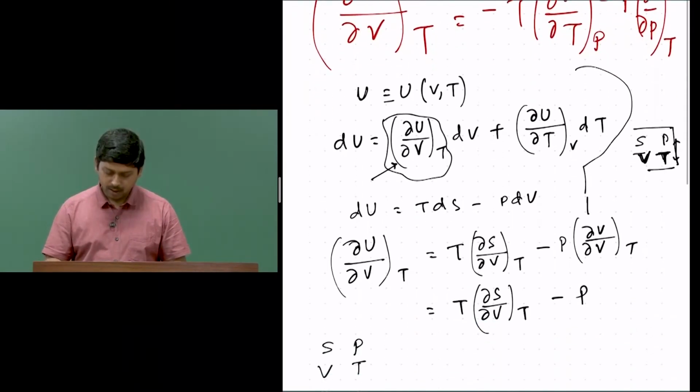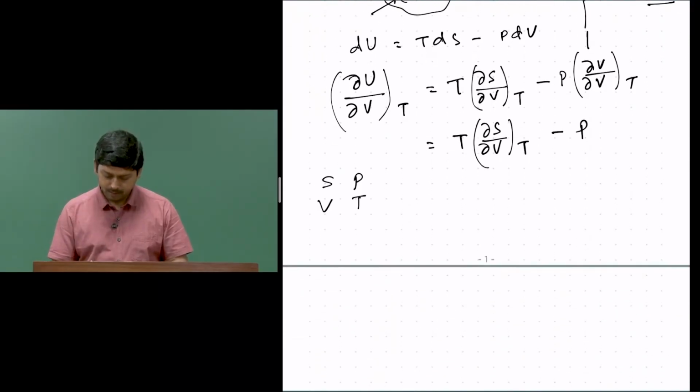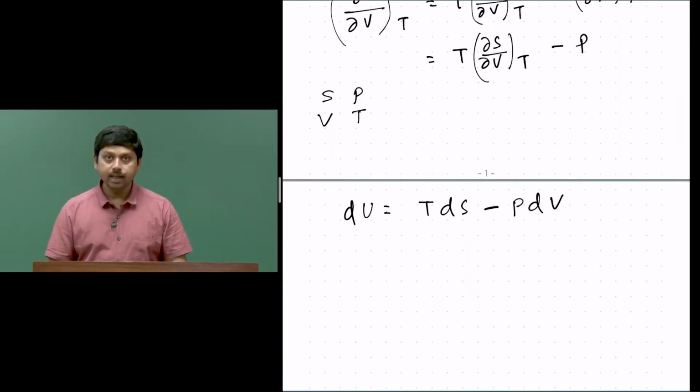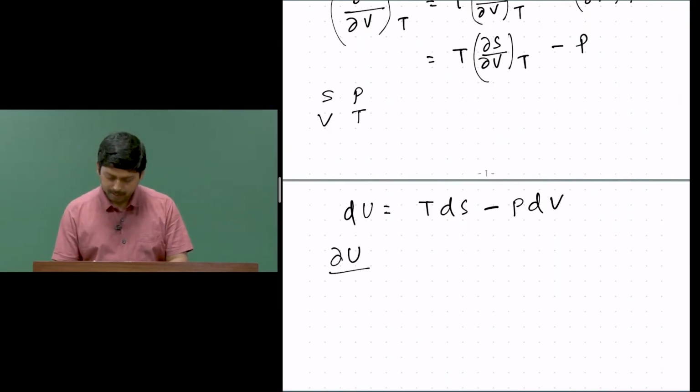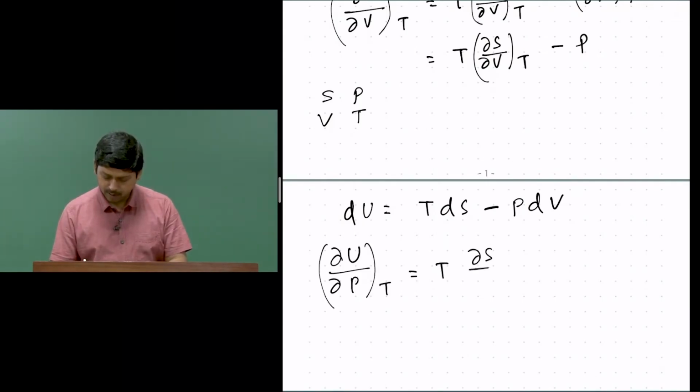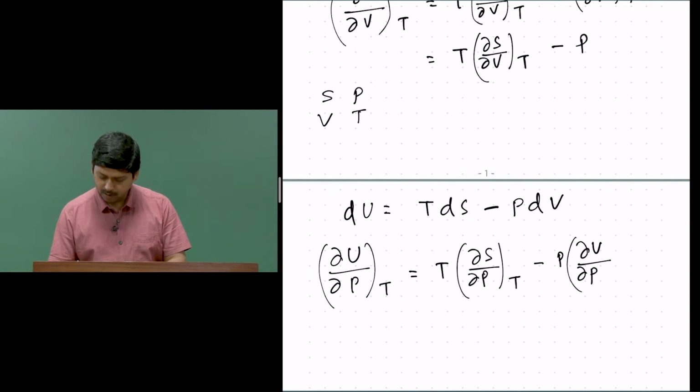So, let us start with U again. dU is T dS minus P dV, and let us take the derivative with respect to P. I think the question is wrong. So, del U by del P at a constant T is T del S by del P at a constant T minus P del V by del P at a constant T. Okay.